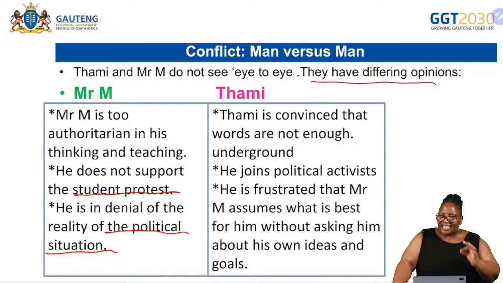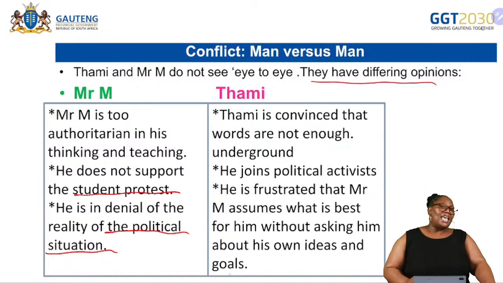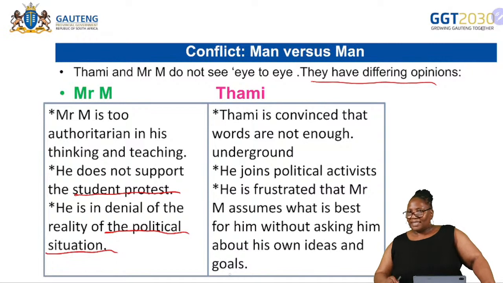He is frustrated that Mr. M assumes what is best for him without asking him about his own ideas and his own goals. As a young person, he has ambition, isn't it? But it can't be that Mr. M all the time says, Tammy, you must sit down. Tammy, you must say this. Tammy, you must go west, or Tammy, you must go east.